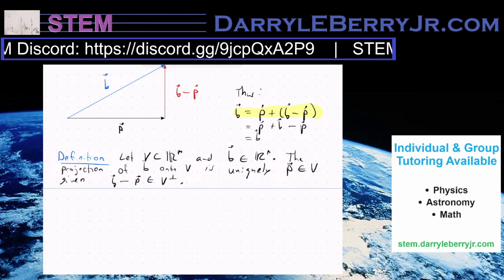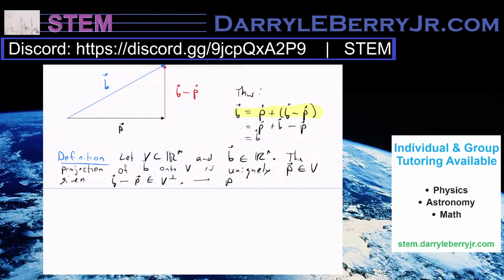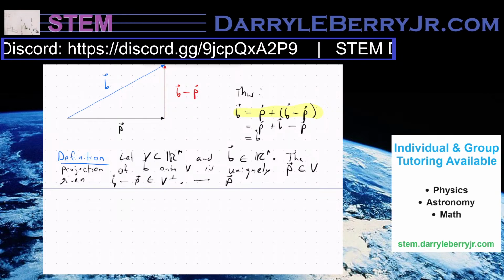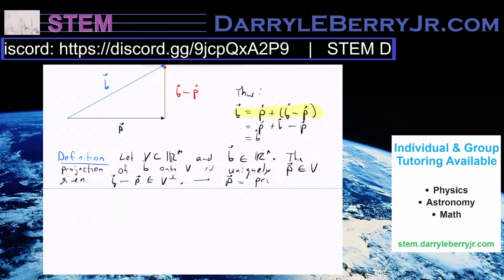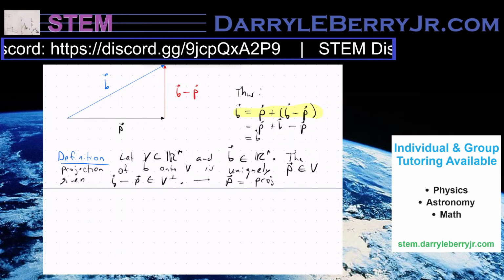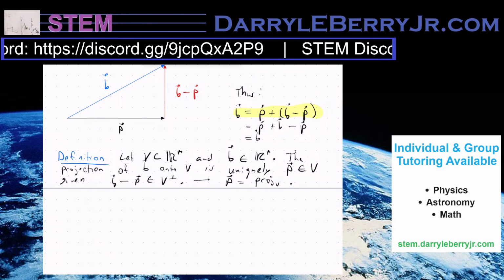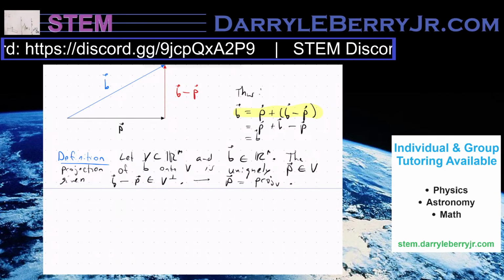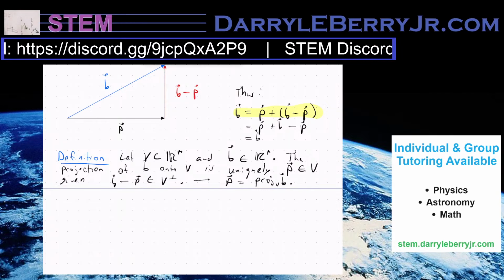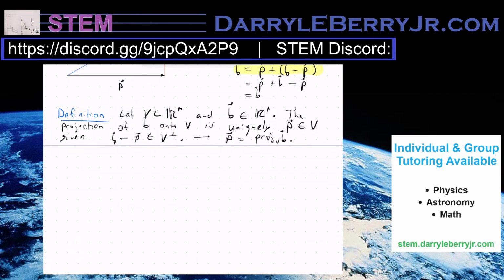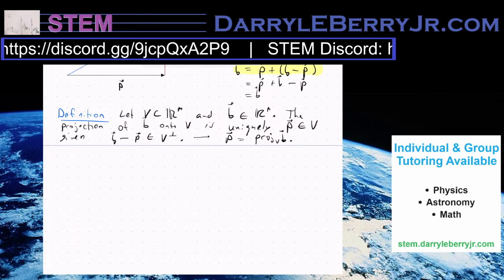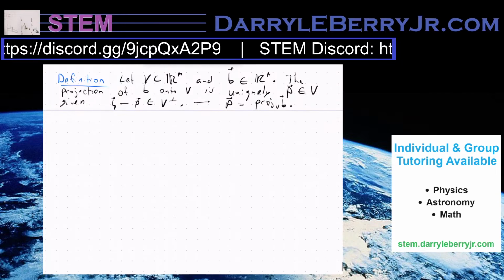Therefore, P equals the projection onto the space V of B. And I love the projection process. Understand that well. So we're talking about language here. And it gives a remark.